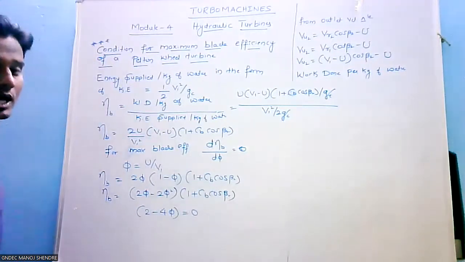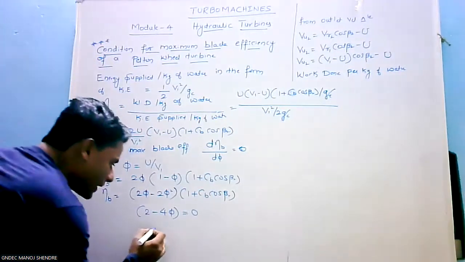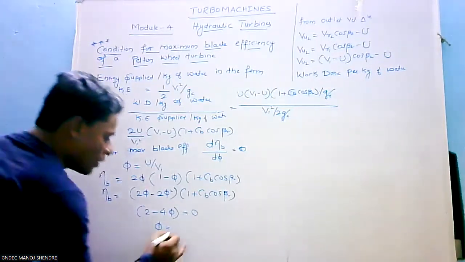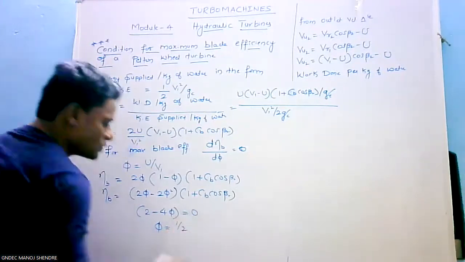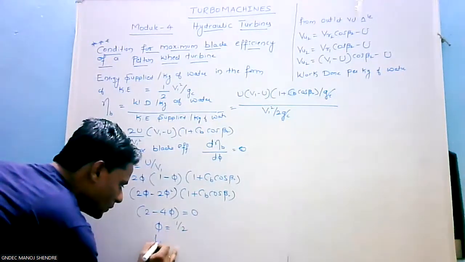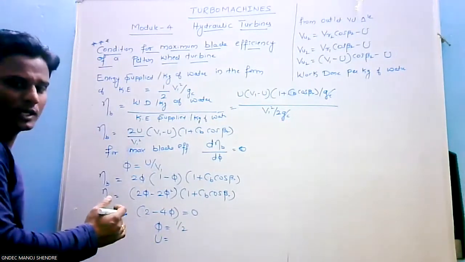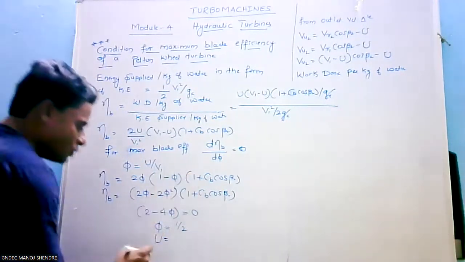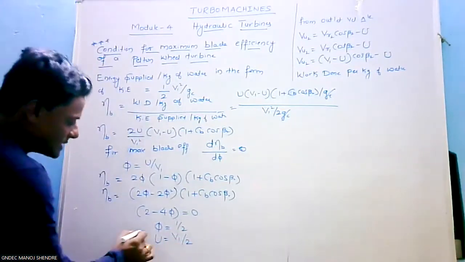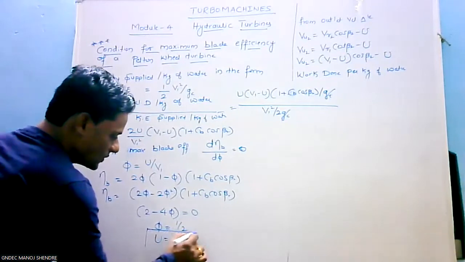Hope this is clear, right? Okay. Now I can write phi equals 1 by 2, or phi is nothing but u by v1, so v1 will go to that side, u equals v1 divided by 2. So this is the condition for maximum blade efficiency.